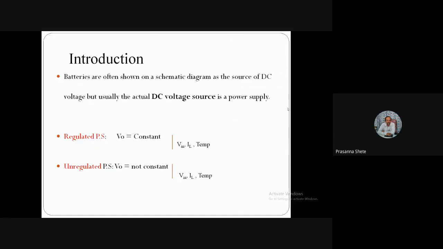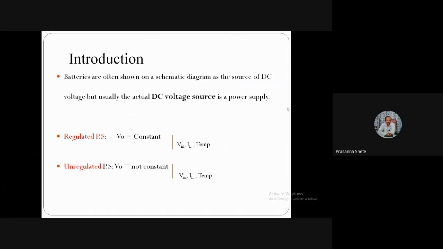Let us understand what is DC voltage source power supply. In that, we will discuss the definition of regulated power supply. As we know, we are going to have a DC voltage at the output. To maintain the output DC voltage constant, irrespective of change in input voltage Vin, load current IL, and temperature.